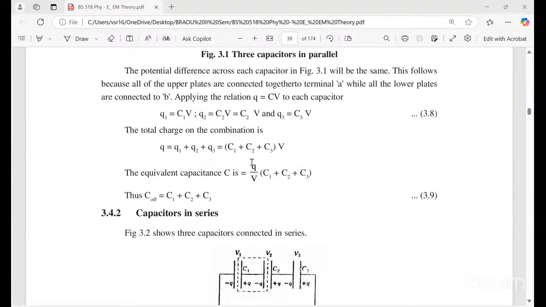What is the total charge? Q1 plus Q2 plus Q3.